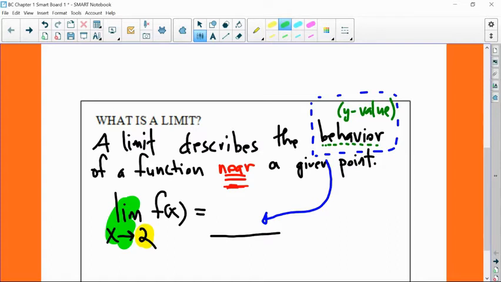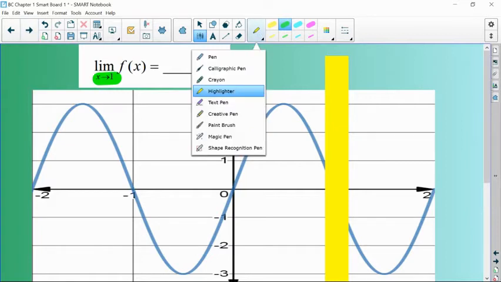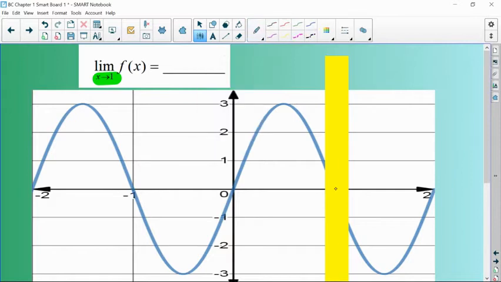And part of the rigor in calculus is to determine how close we need to get. I think I showed these slides too, in the spring, and so we're trying to get close to 1. So we want to know what's the behavior when x is equal to 1. Well, this is 1 right here, and it looks like a sine graph actually, with an amplitude of 3, if you think about that from last year.